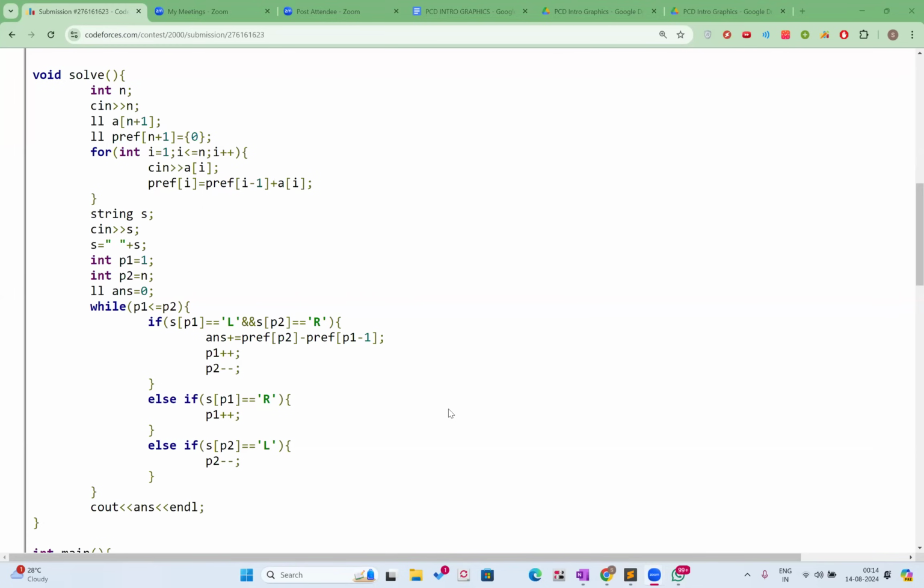But mostly, if you are creating a lot of casework without proof, that can be an indication that you are going wrong. If you're trying to incorporate every corner case, then maybe the approach is wrong and you should think of something else. Got it. Okay.